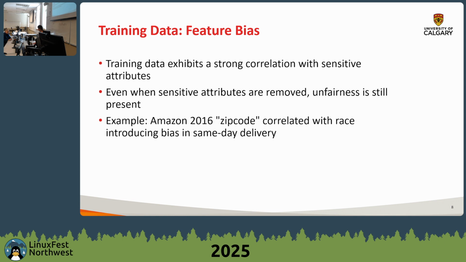But on the face of it, it just looked like, oh, this is a zip code. We can do same-day delivery to this zip code, and we can't to this zip code. But if you actually looked into it, then there was reason to suspect that it was actually discrimination against a particular demographic group.